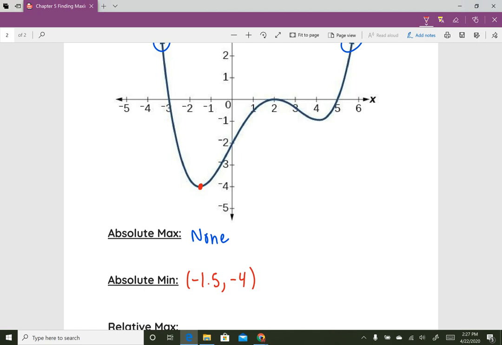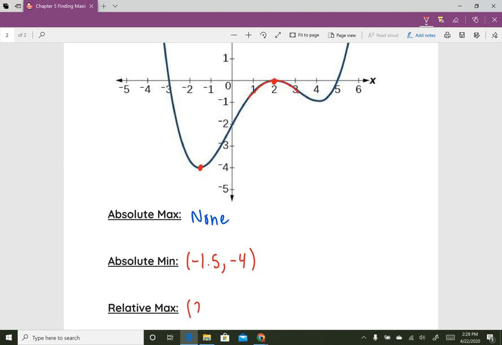And now what I can do is find my relative max and relative min. So let's talk about relative max. Anywhere I go from increasing to decreasing, that's that point right there. That's 2, comma 0, or y equals 0. And then I have a relative min.